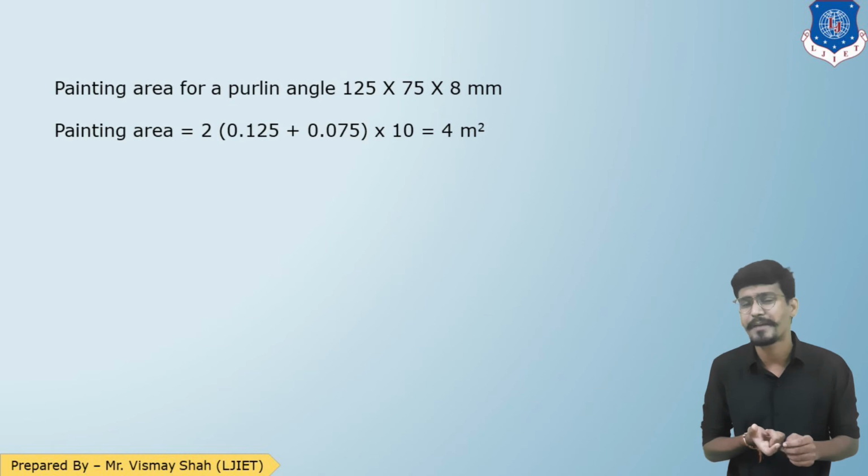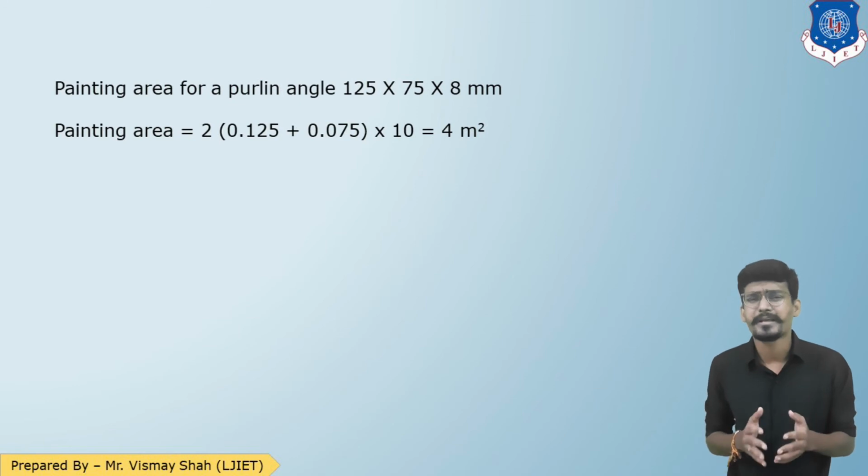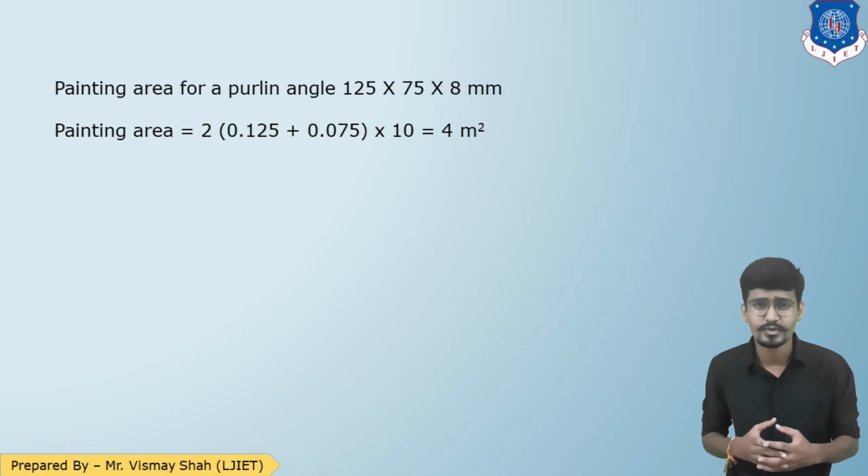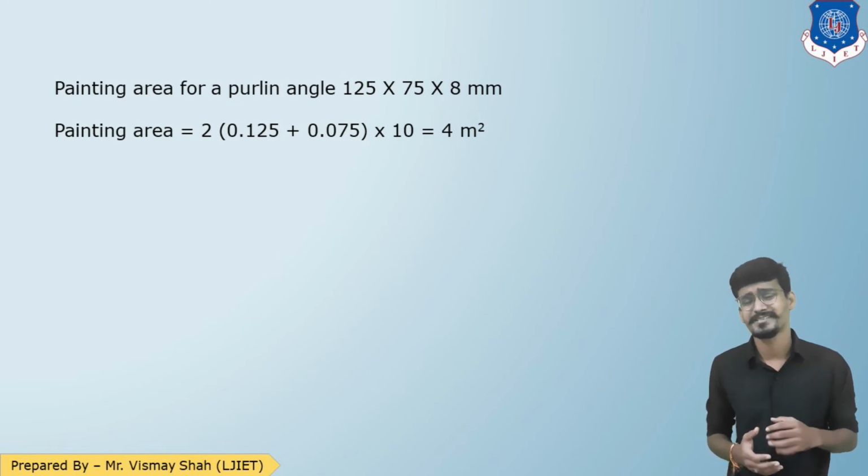So the other two dimensions are 125 cross 75 mm and the length was 10 meter. So perimeter will be 2 bracket a plus b into length. So this is how we can calculate the painting area, which will be 4 meter square.